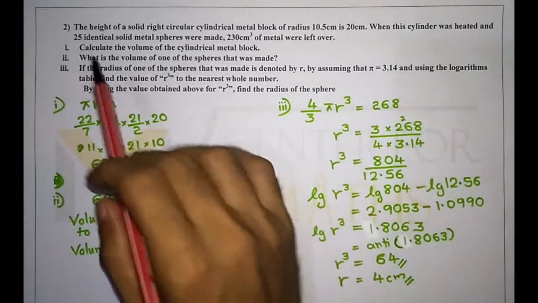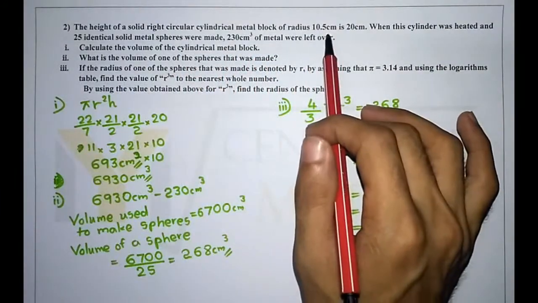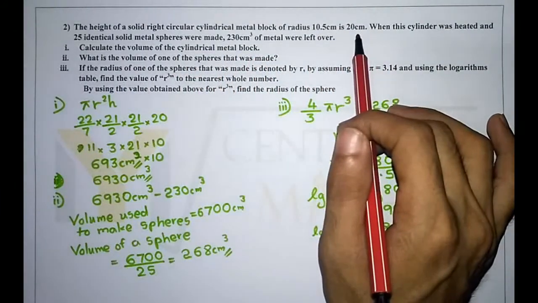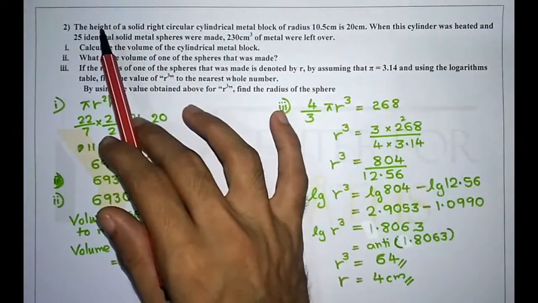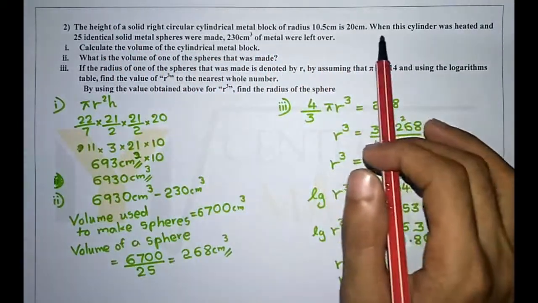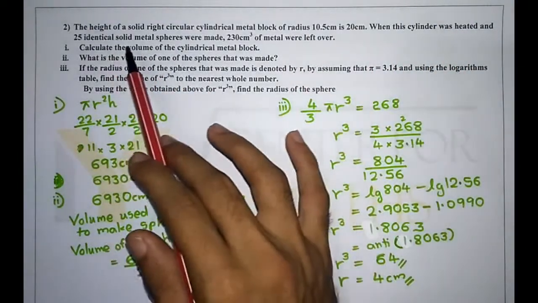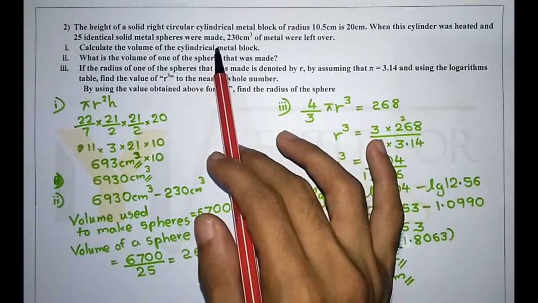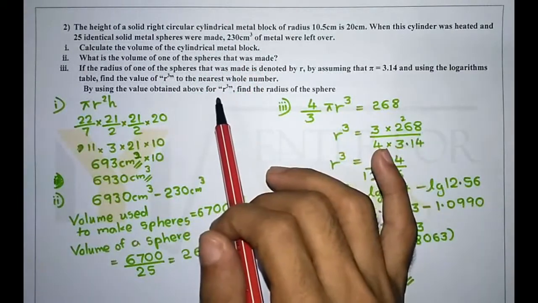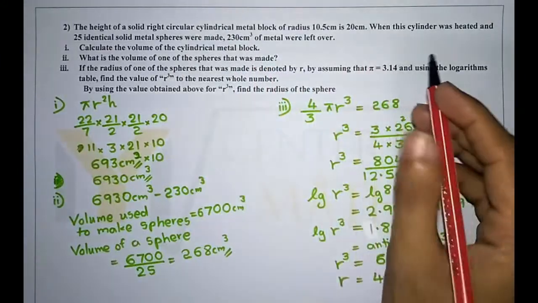Okay guys, so the second question: the height of a solid right circular cylindrical metal block of radius 10.5 centimeter is 20 centimeter. So they have given the data of a right circular cylindrical metal block, right? And next, when this cylinder was heated and 25 identical solid metal spheres were made, 230 cubic centimeter of metal were left over.